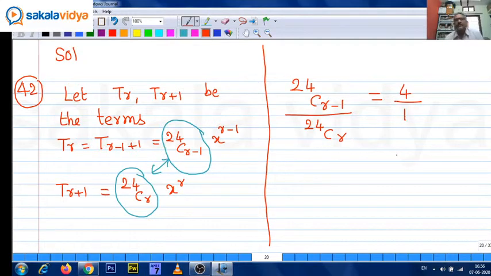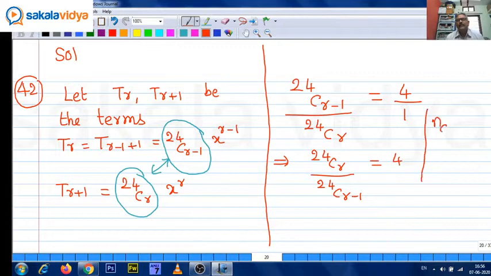So we have one formula. Reverse it: 24CR upon 24C(R minus 1) equals 4. We have discussed one very important formula: nCr by nC(r minus 1) equals (n minus r plus 1) upon r.